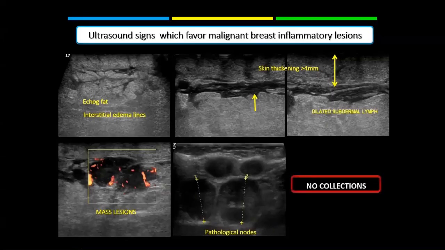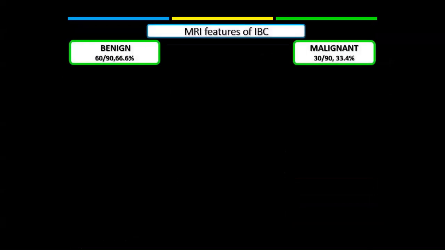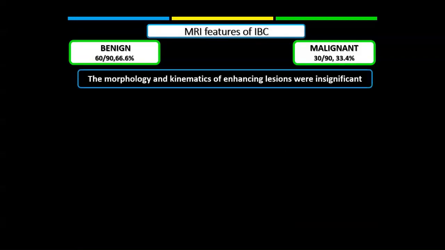At the same time, we do not see the collections that we saw in the infectious mastitis, and we do not find abscess cavities with the malignant forms of mastitis. In a study that we performed on 90 cases, we studied how MRI can differentiate between the signs of benign and malignant mastitis. The morphology and kinetics of enhancing lesions were insignificant.